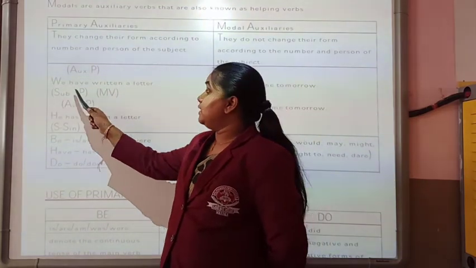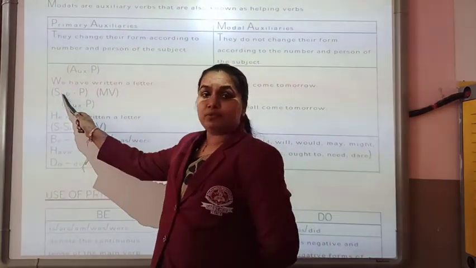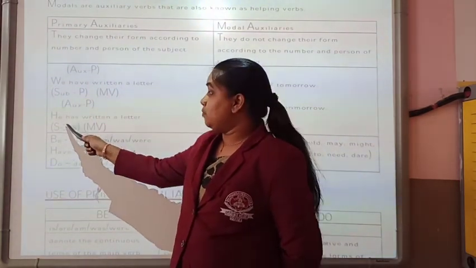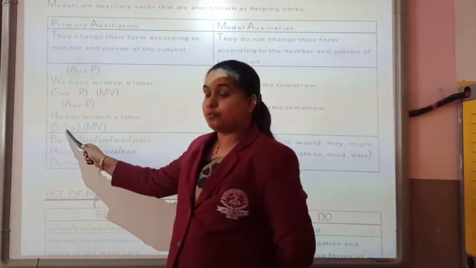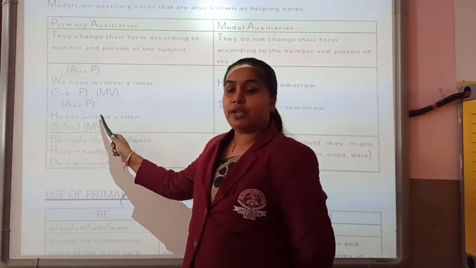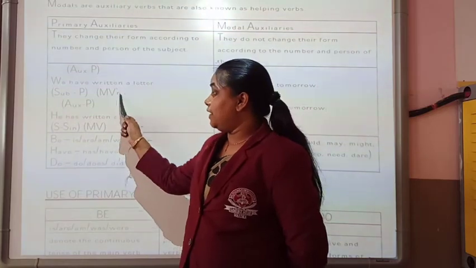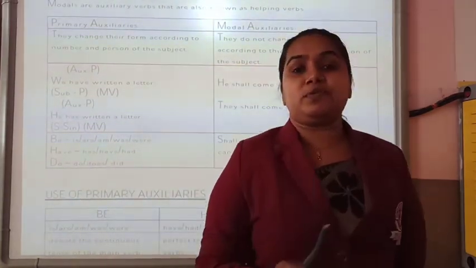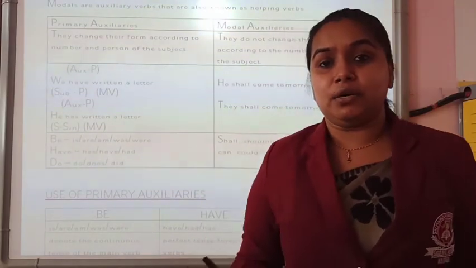So a plural subject takes the plural form of the auxiliary verb. If you observe here, he, a singular subject, will take has, the singular primary auxiliary verb. So we have to keep this in mind.